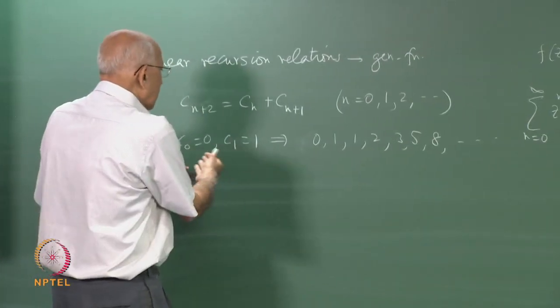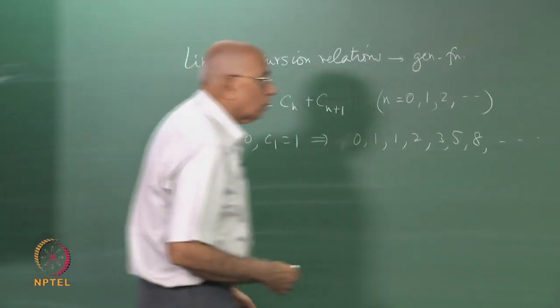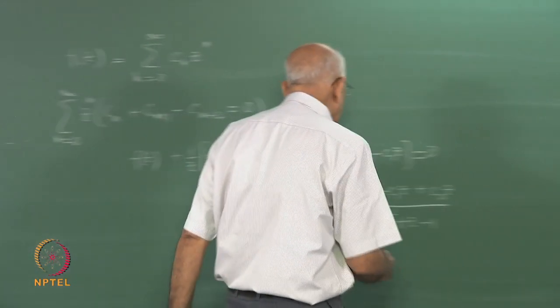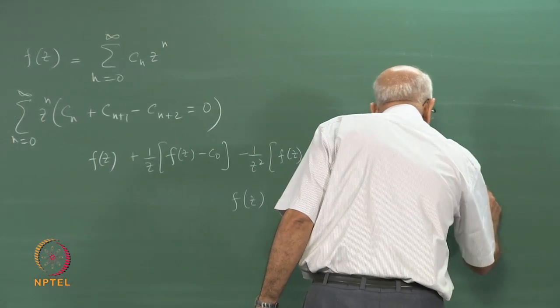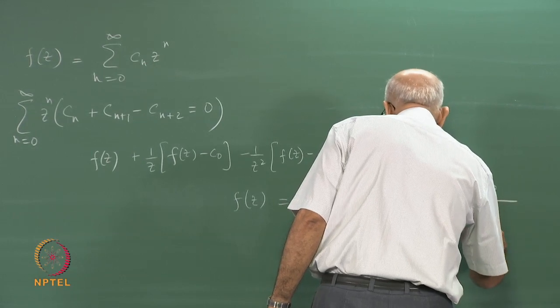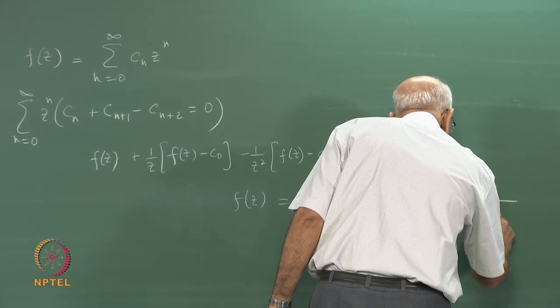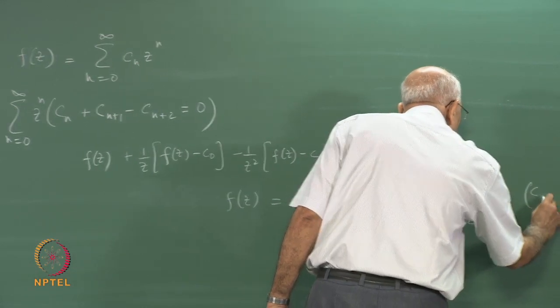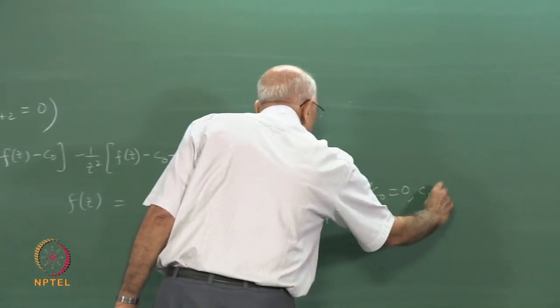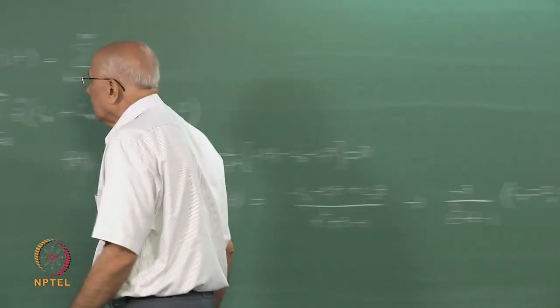Let us look at the special case C0 is 0, C1 equal to 1 for instance, so that makes life a little easier. This becomes equal to minus z over z squared plus z minus 1.